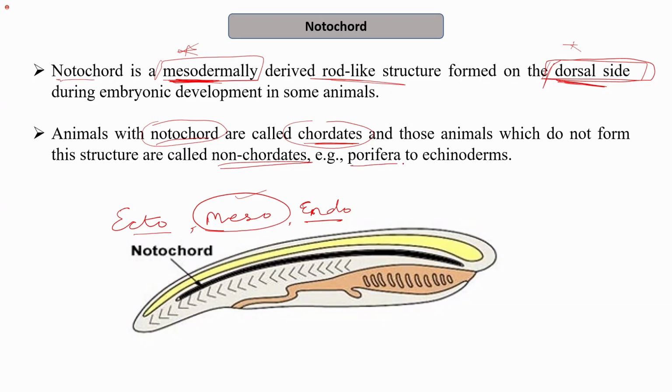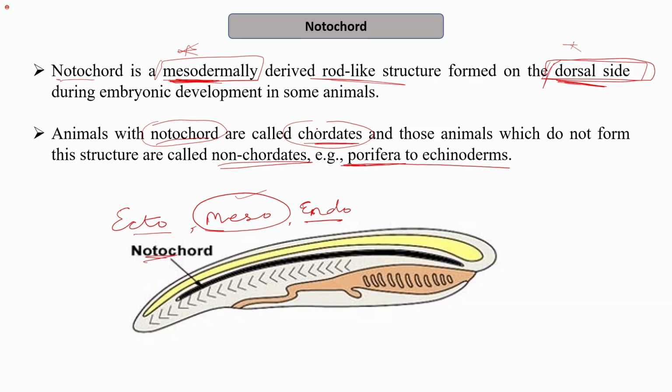The animals that belong to the phyla Porifera, Coelenterata, Ctenophora, Platyhelminthes, Aschelminthes, Annelids, echinoderms, they all belong to non-chordates, that is, they do not have this notochord, or this mesodermally derived rod-like structure is absent in these organisms, while in vertebrates that we will discuss later, like in aves, mammals, we have this notochord.